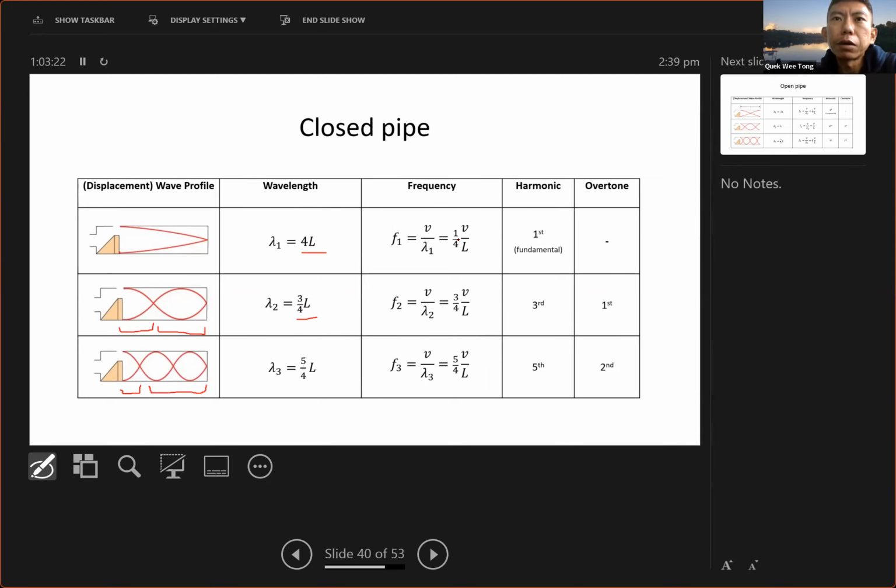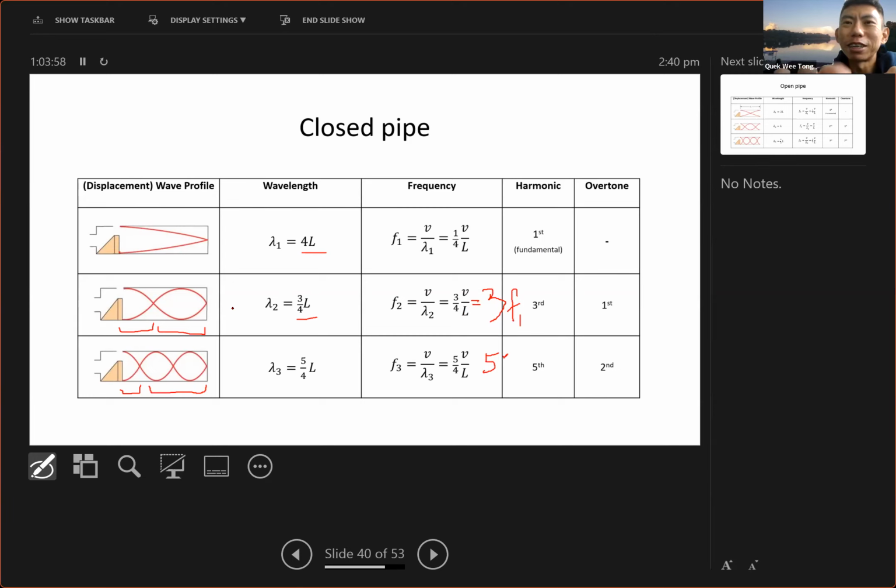So you can see this is equal to 3 times F1, and this is 5 times F1. Sorry, the mouse can't allow me to write it.